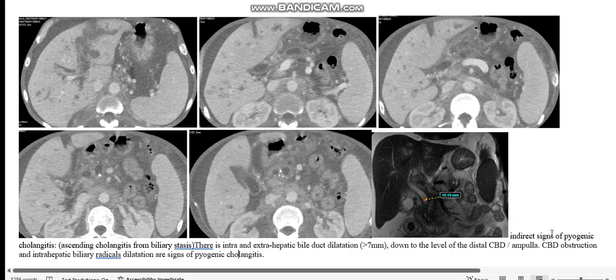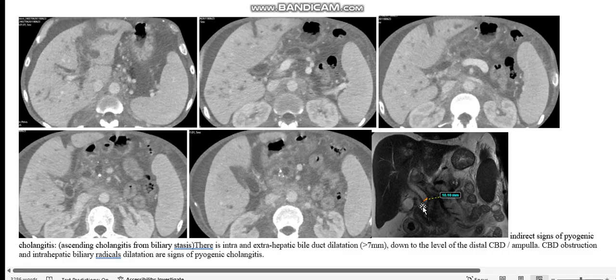So here there is intra and extrahepatic bile duct dilatation. How to know the bile duct dilatation? The common bile duct and the common hepatic duct should be less than 7 millimeters.